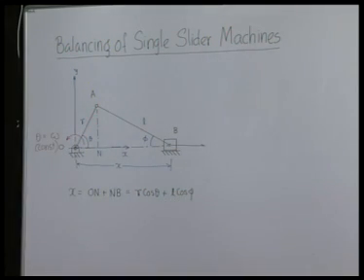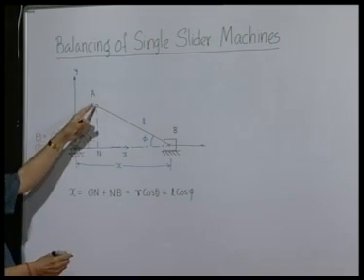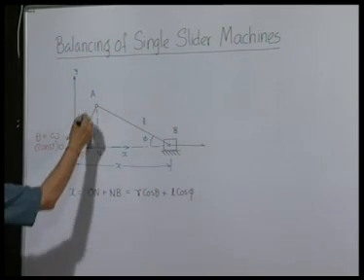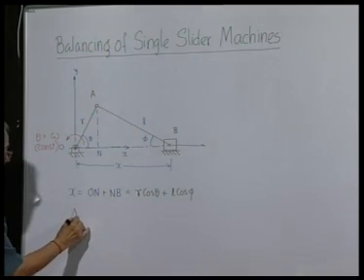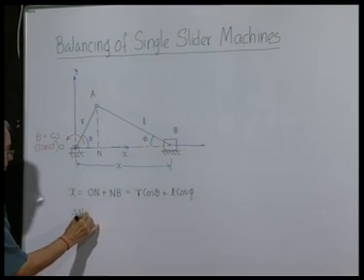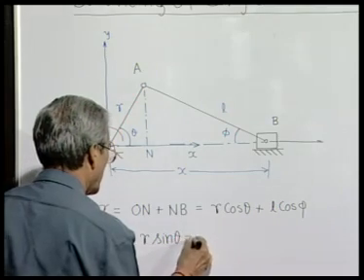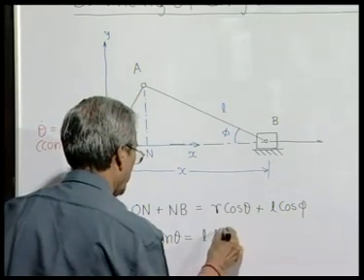Now, theta and phi of course are related by the expression which we will just now see. If you drop a perpendicular from A on this line, this length A n is equal to r sin theta and is also equal to L sin phi.